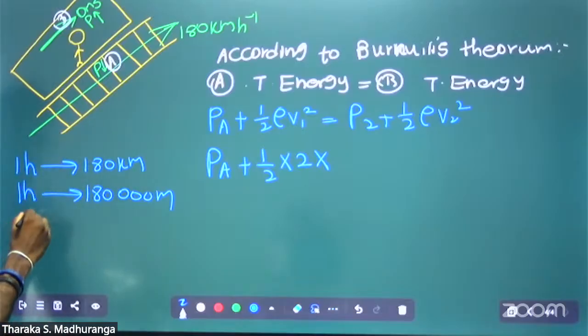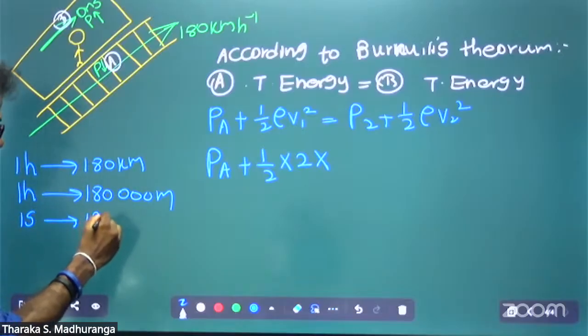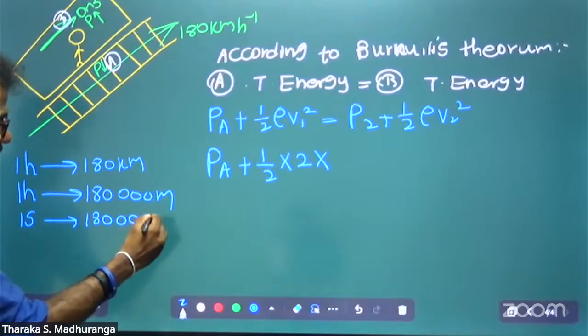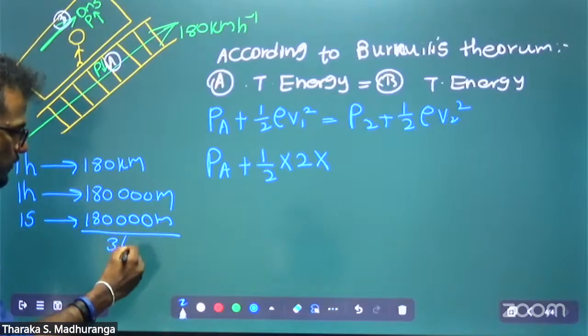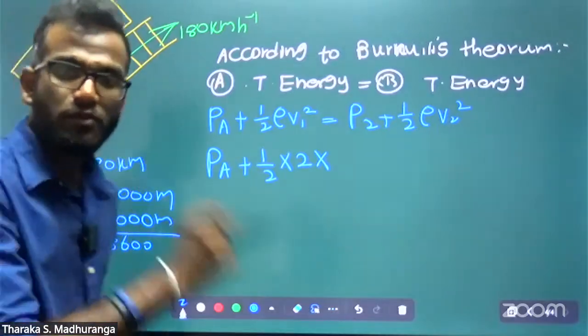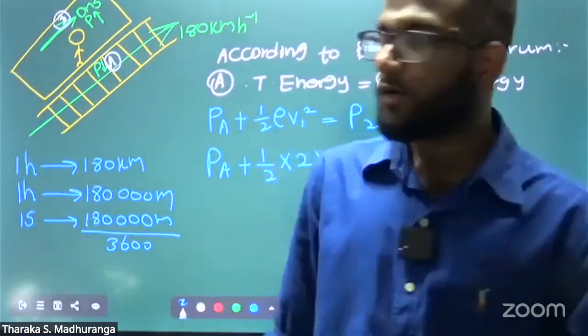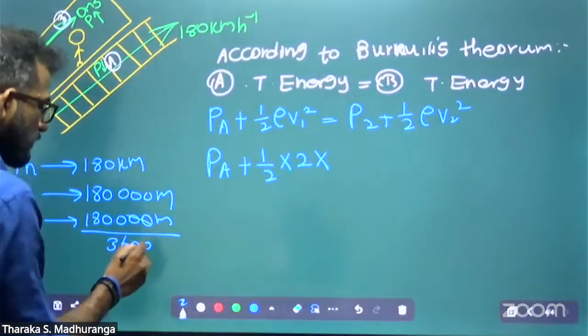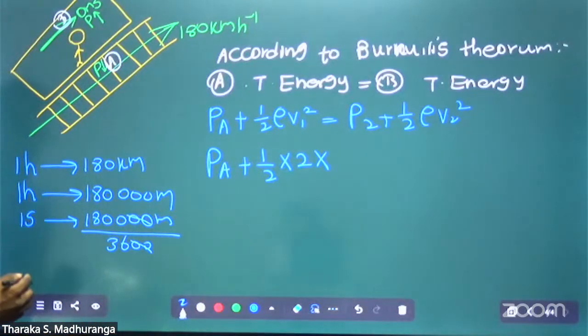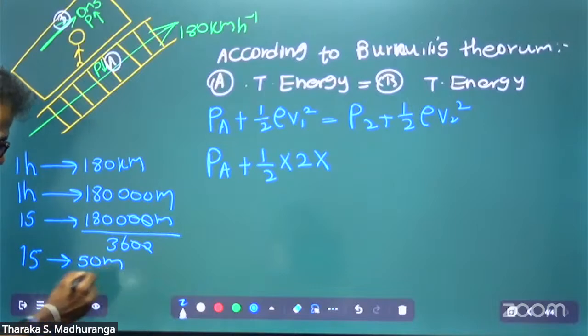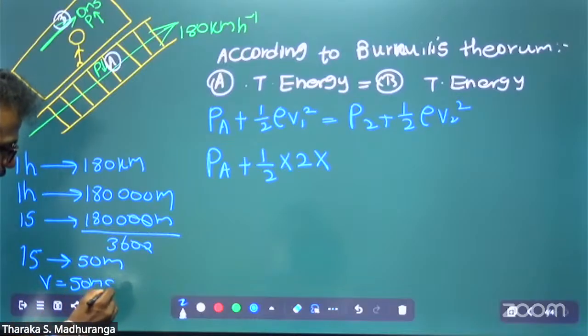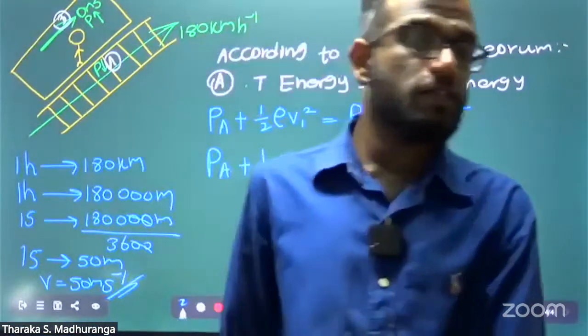Then within 1 second, we have to divide by 3600 because 1 hour is 3600 seconds. Within 1 second, 50 meters, so we can say the speed is 50 m/s.